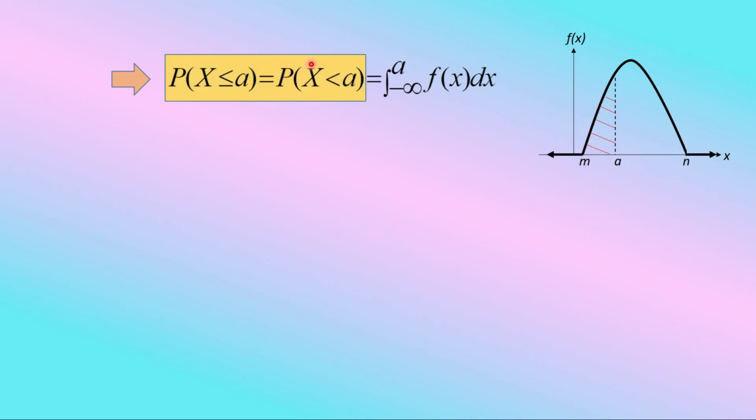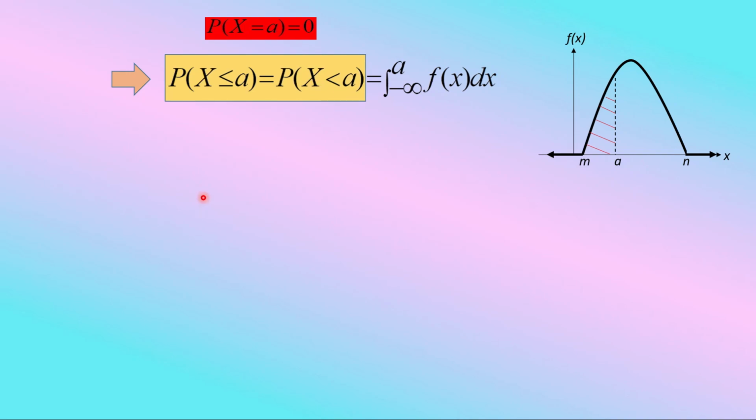Let's think about why that is. From the previous property, we know that the probability x at a is equal to 0. That's why the probability x less than or equal to a equals the probability x less than a.